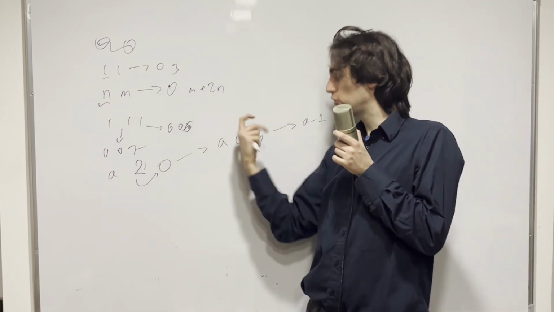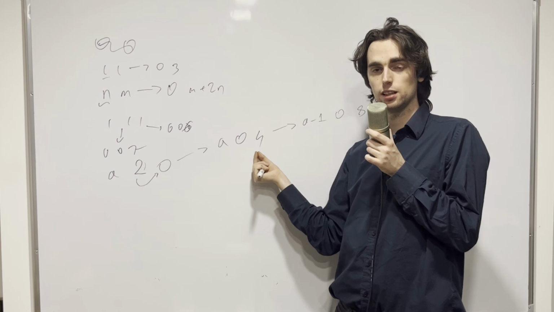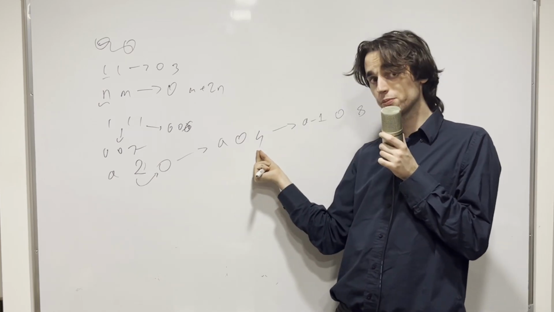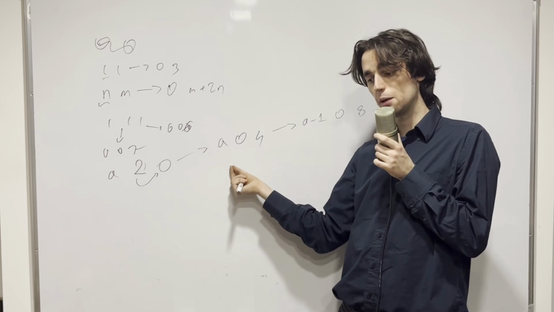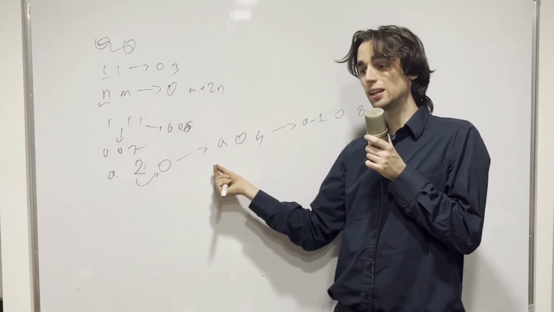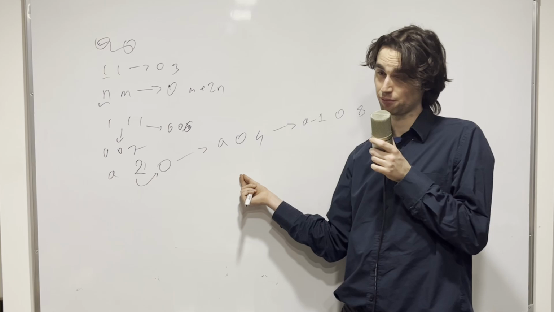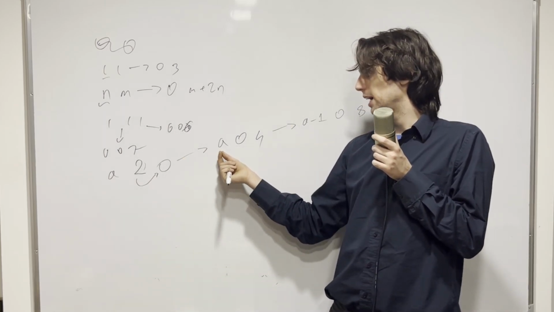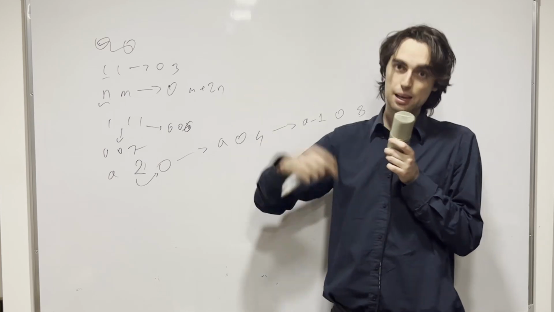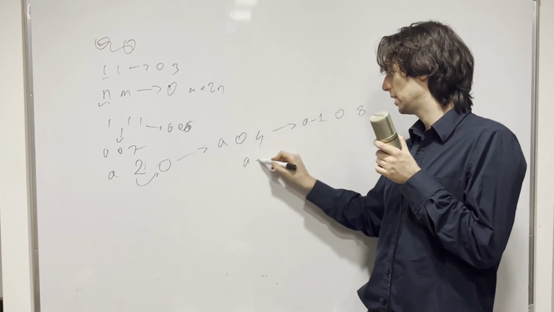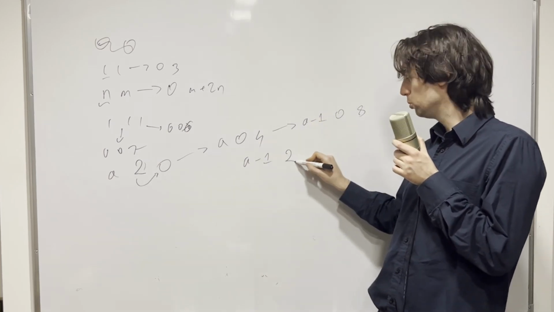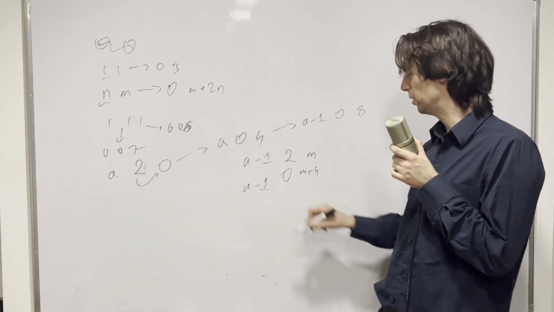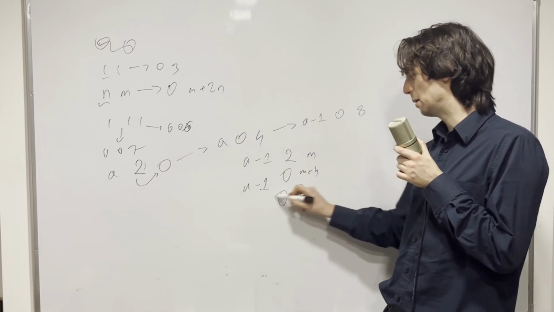If you first exchanged them and then doubled it, what you've effectively done is you move from A, 0, M to A minus 1, M, 0 to A minus 1, 0, 2 times M. Versus in the other case, what you did is you moved from A, 0, M to A minus 1, 2, M, and then you moved to M plus 4, 0, and A minus 1. And in the other case, you moved to 2M.